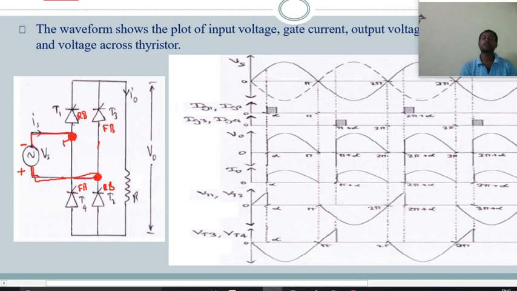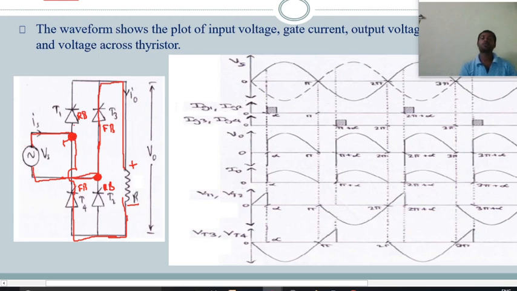So thyristor 3 is forward biased, and the current entering into the resistance is at the positive terminal. And from this one, which one is forward biased? T4 is forward biased, and this is the path to flow the current.